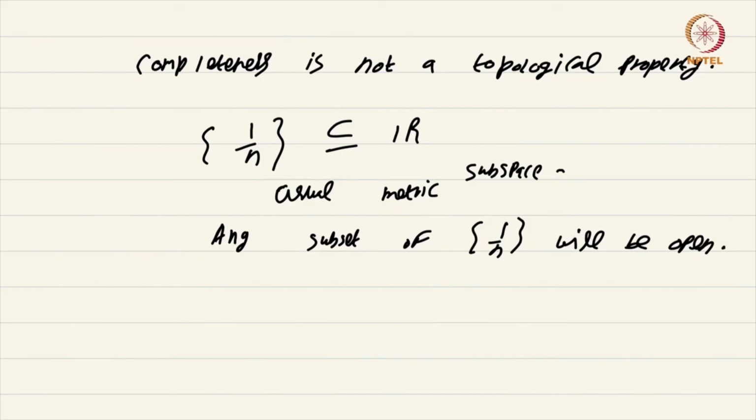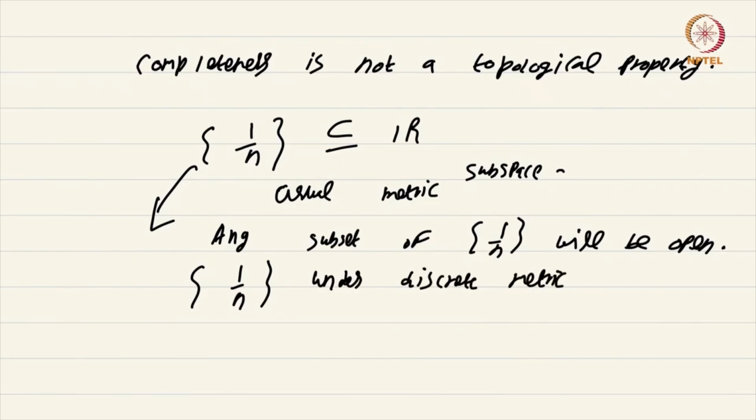Well, note that 1 by n under the discrete metric gives the same topology. That is, if you put the discrete metric on the set 1 by n, you get exactly the same open sets as when you put the Euclidean absolute value metric on 1 by n.